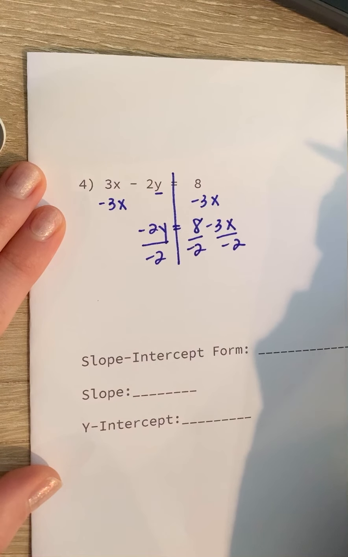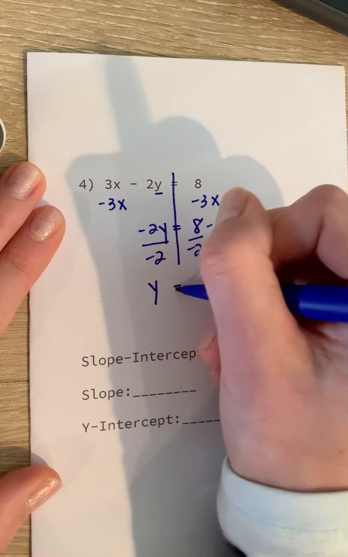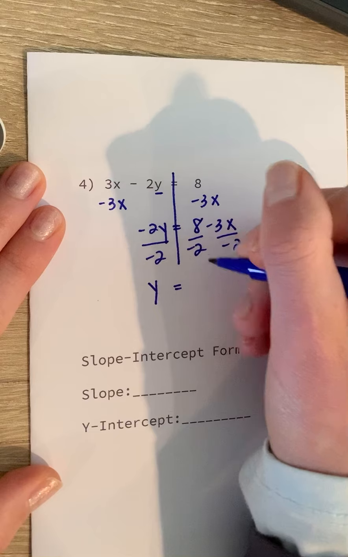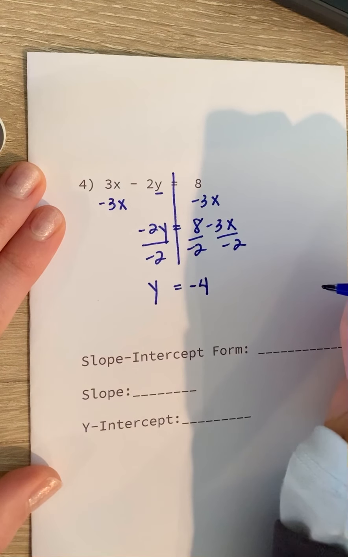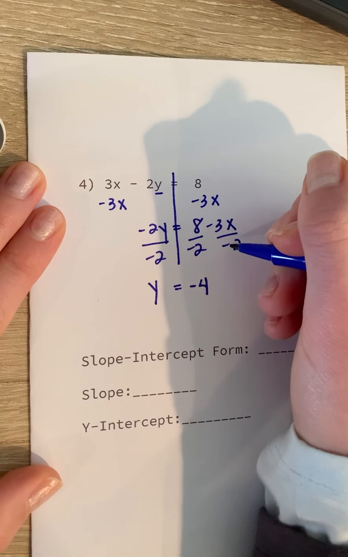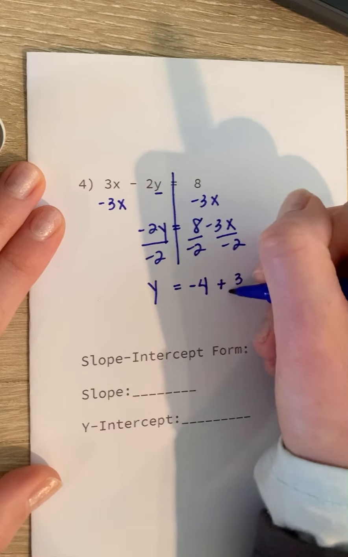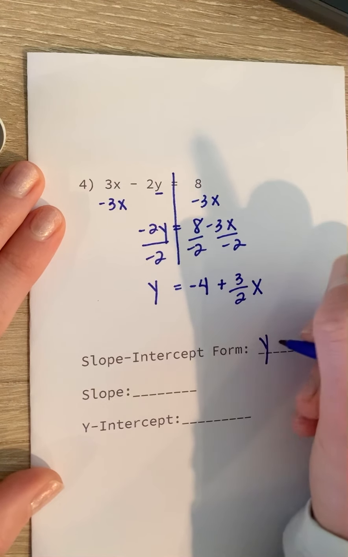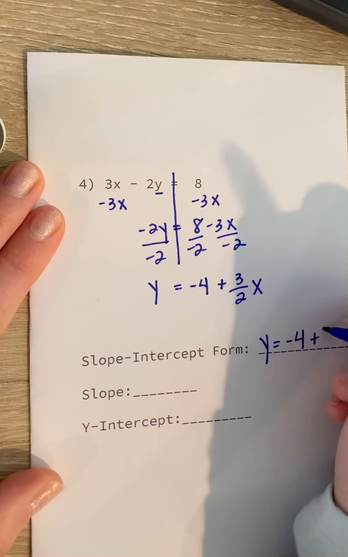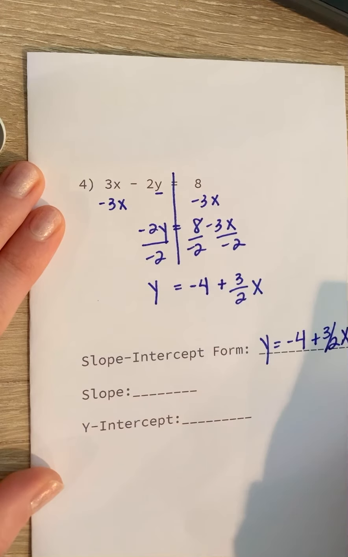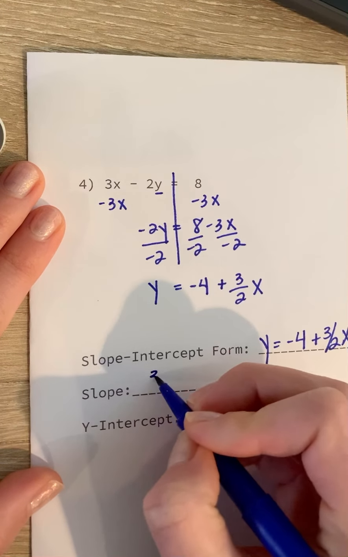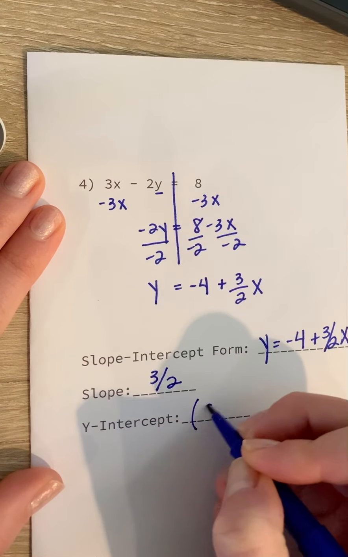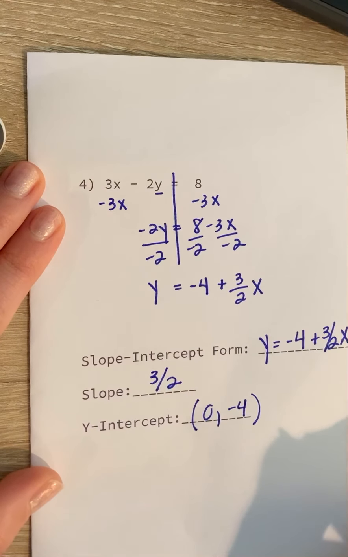So I have y equals 8 divided by negative 2 is negative 4. A negative divided by a negative, I'm going to get a positive, and I'm going to leave that as a fraction because 3 over 2 ends up being a decimal. So my slope-intercept form is negative 4 plus 3/2 x. So that means my slope is 3/2 and my y-intercept is (0, -4).